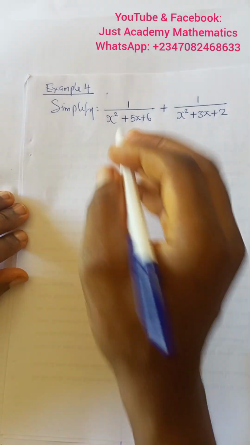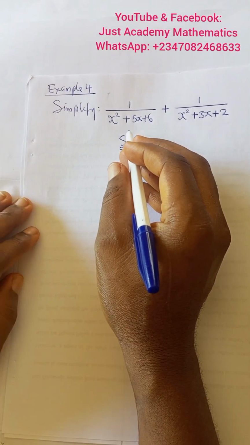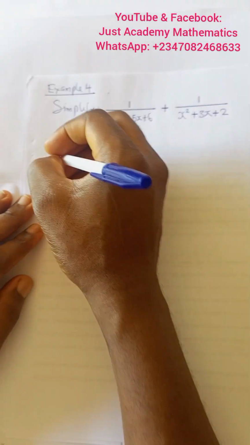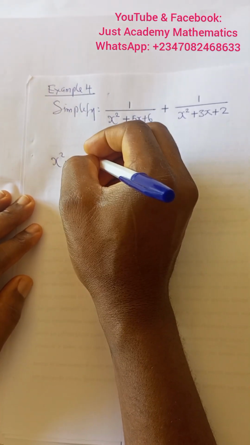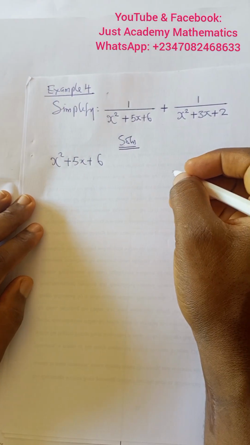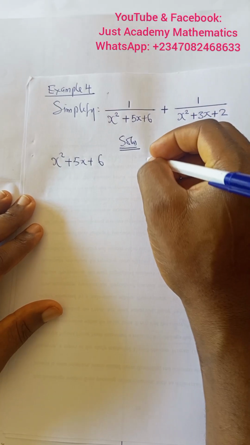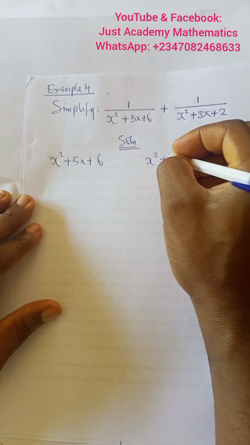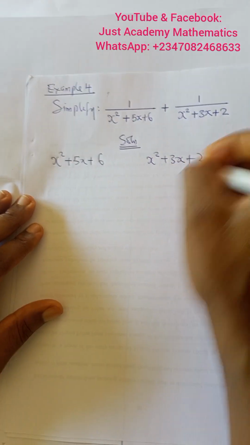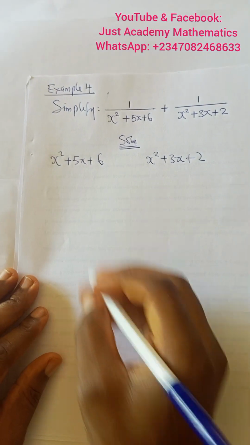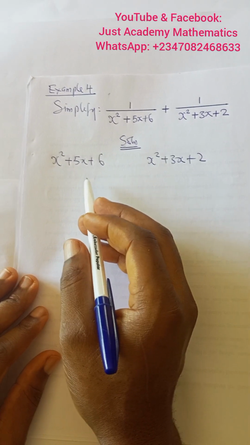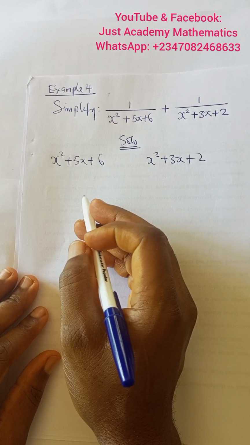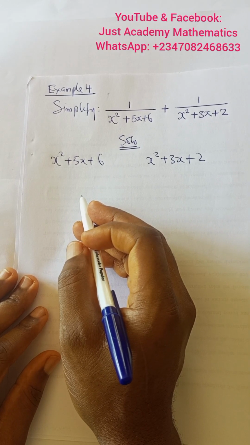So if we are to factorize this, we are going to have s squared plus 5s plus 6. Then we are going to factorize this other one here, s squared plus 3s plus 2. So for this one, we need two numbers that add to give 5 and multiply to give 6. I believe 2 and 3 will work perfectly. 2 plus 3 is 5. 2 times 3 is 6.